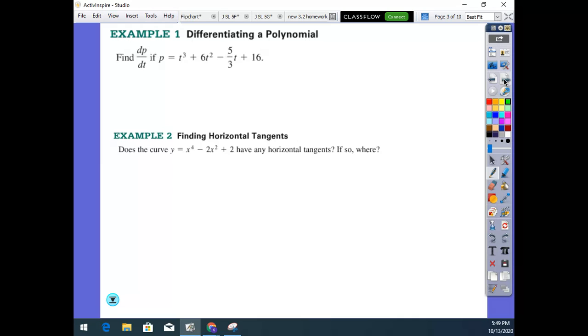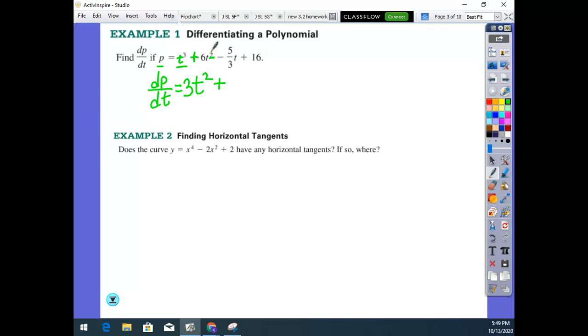For example, notice P is in terms of T. So we say the derivative of P, we just literally go dP with respect to T. The bottom variable is always what's on the other side. All right, what's the derivative of T to the third? Drop the 3 to the front, subtract 1 from the exponent. Plus, this always just matches, bring that down.